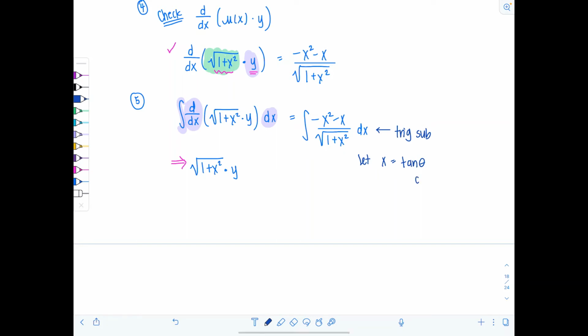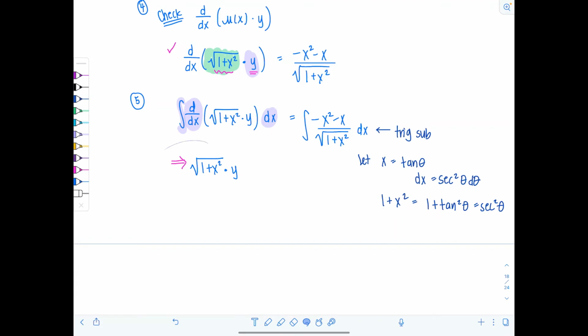So then dx would be secant squared theta d theta. And then remember, I want to be able to rewrite everything in terms of theta in my integral. And that means that 1 plus x squared would be 1 plus tangent squared theta, which is secant squared theta.